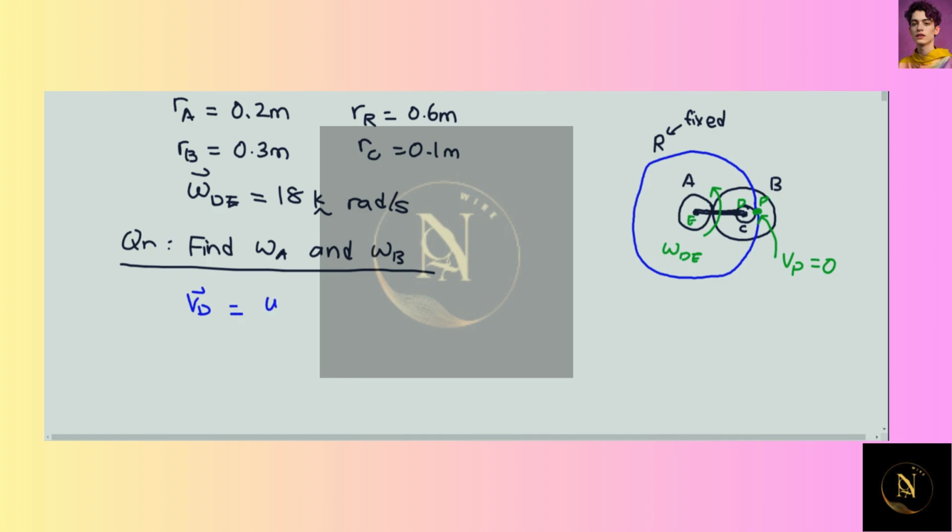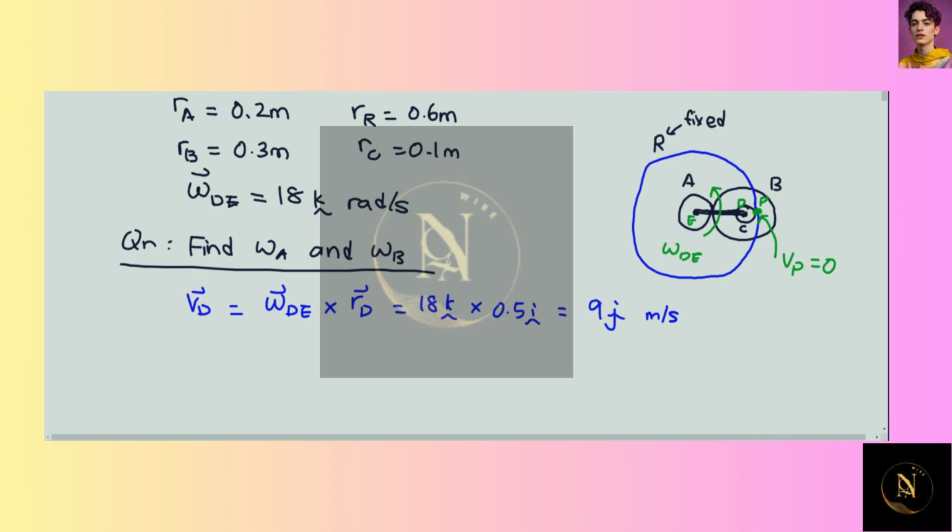This is omega DE cross RD, which is 18K cross 0.5I, so this is 9J meters per second. Point P is going to have 0 speed.